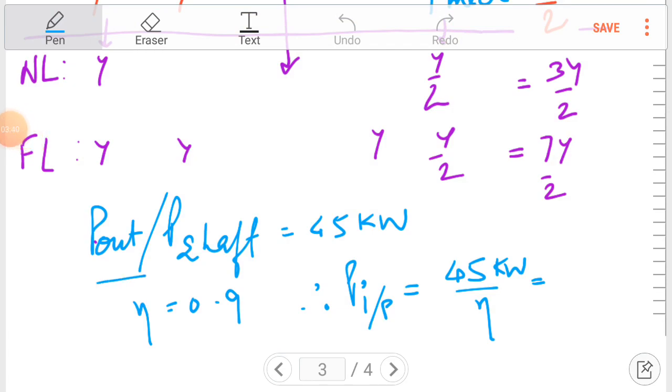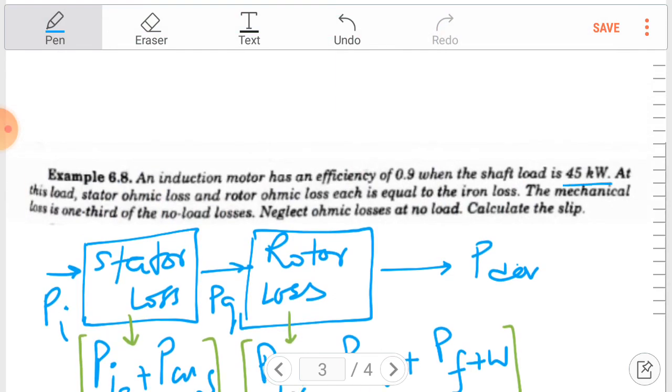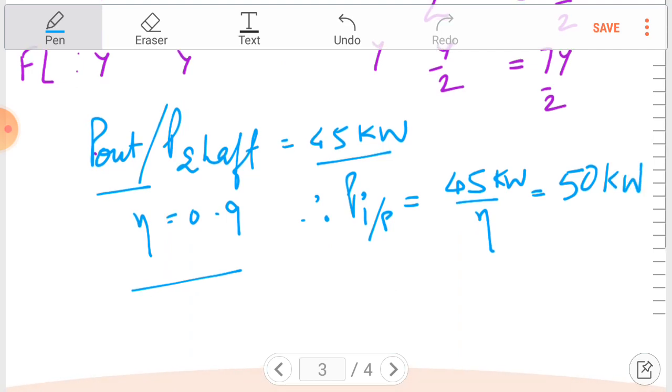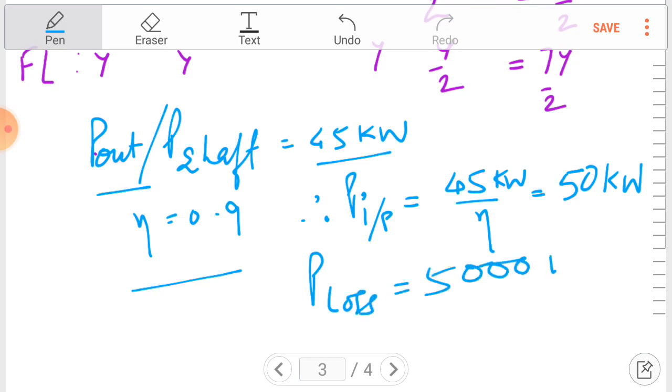Now output power or shaft power is given in the problem equal to 45 kilowatt, and efficiency is 0.9. The input power we can find from here: 45 kilowatt divided by 0.9 is equal to 50 kilowatt. So the total loss incurred in the full load condition is 5 kilowatt, or 5000 watt.